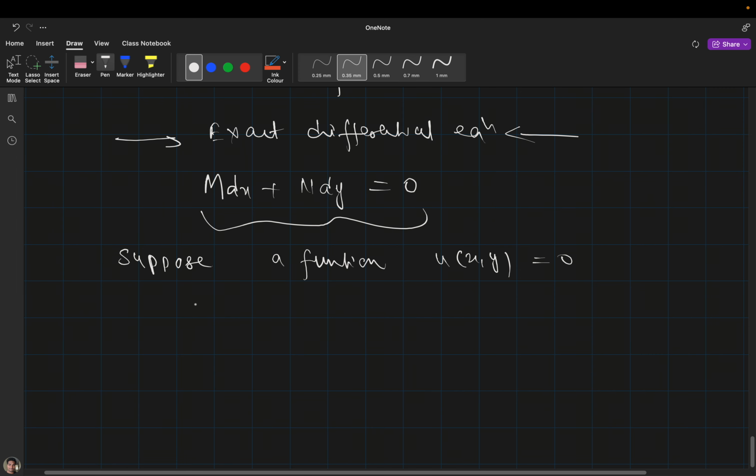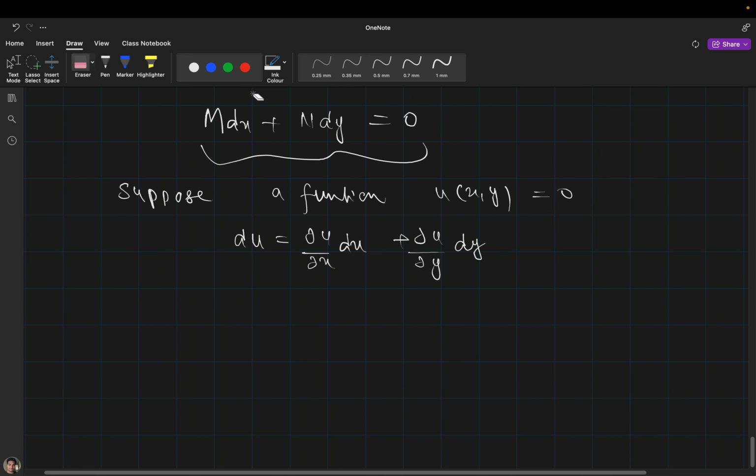Now what I will do is differentiate this function u, then you will get du equal to del u by del x dx plus del u by del y dy. Since it is not exactly 0, it can be any kind of constant. So when you differentiate both, it is actually called a differential.